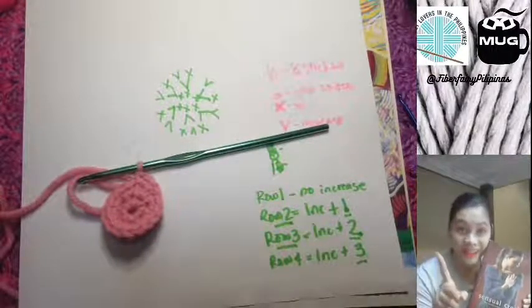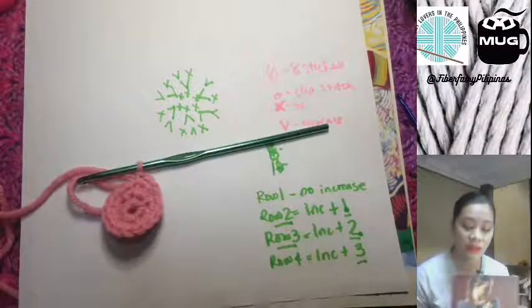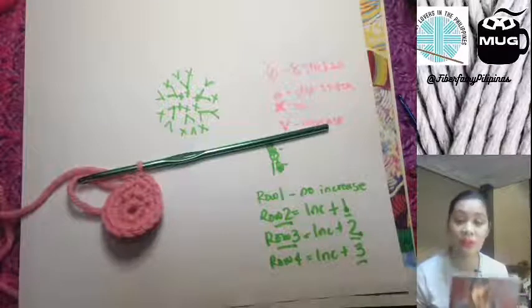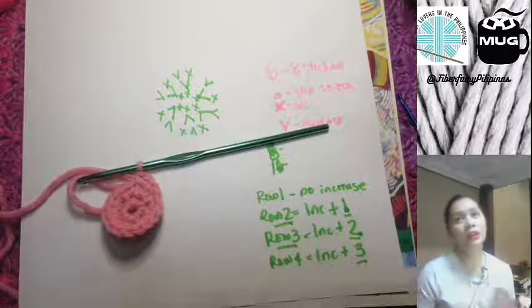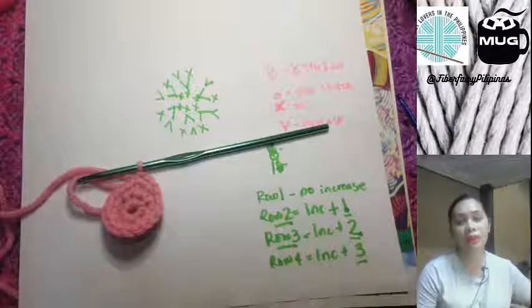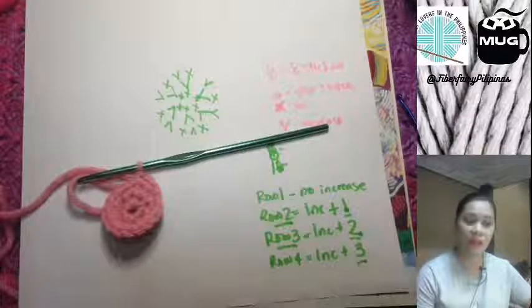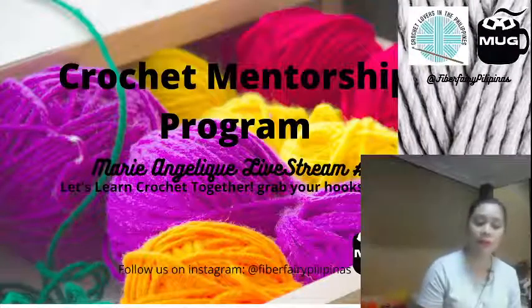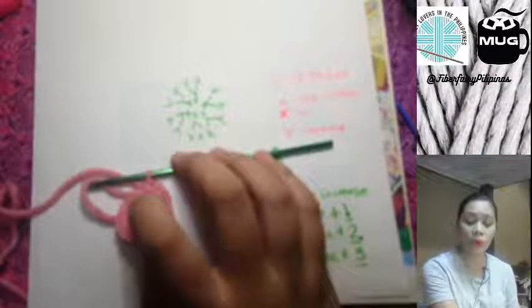Do not buy it. Because a lot of the threads online, especially if the creator is from another country, sometimes they don't match. Because the threads are not similar to the threads that we have here in the Philippines, it's hard for us crochet makers to actually follow through with what they do.